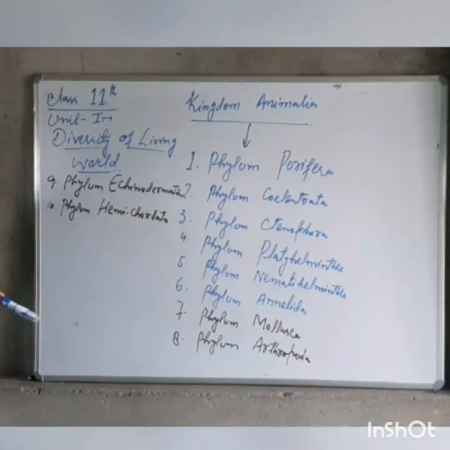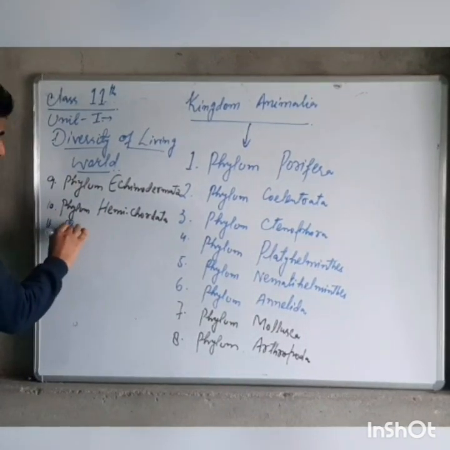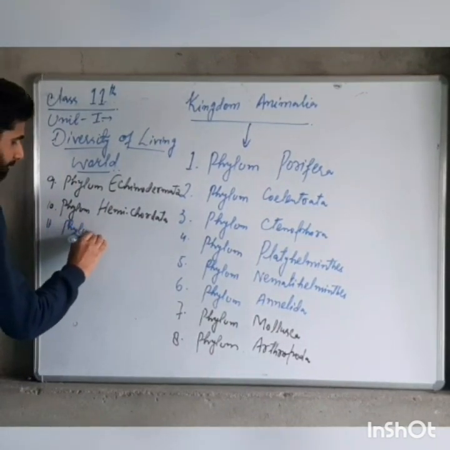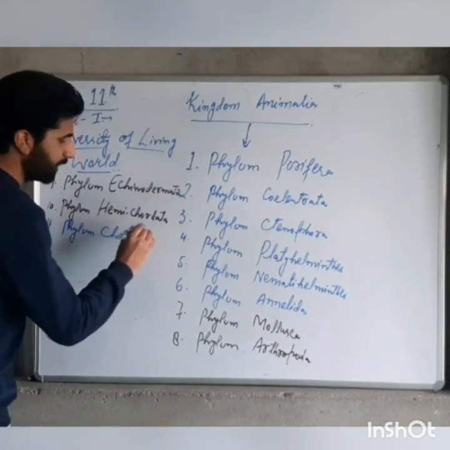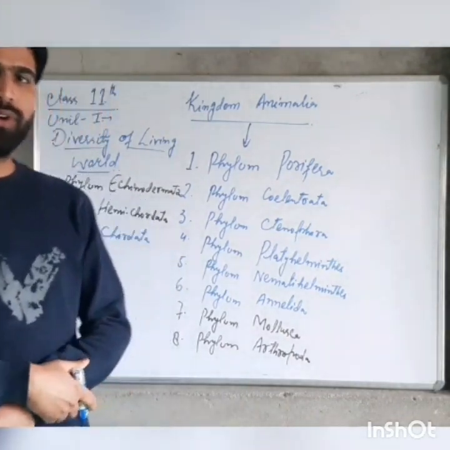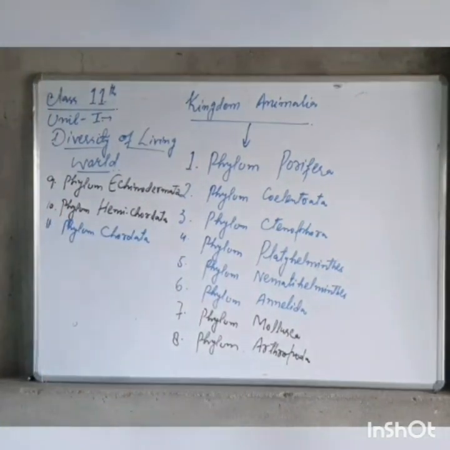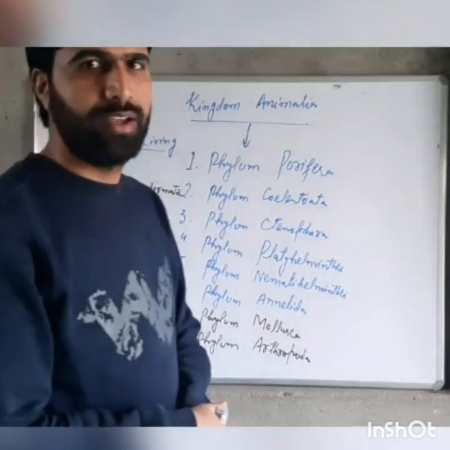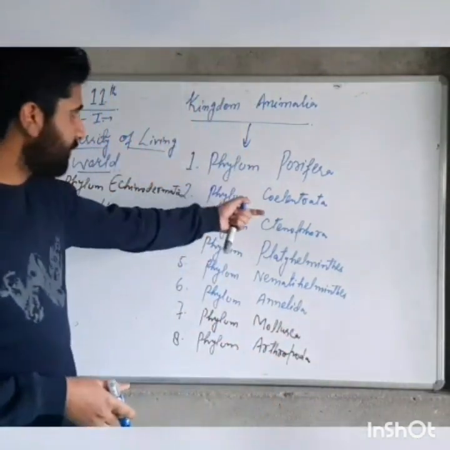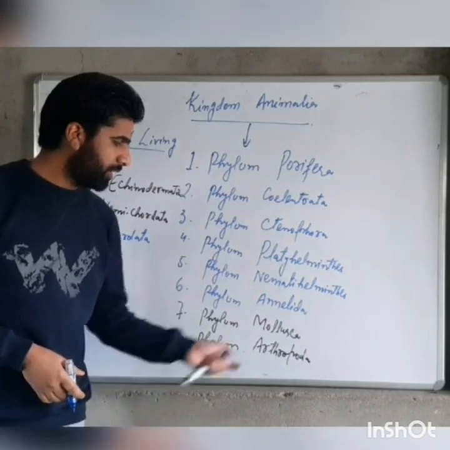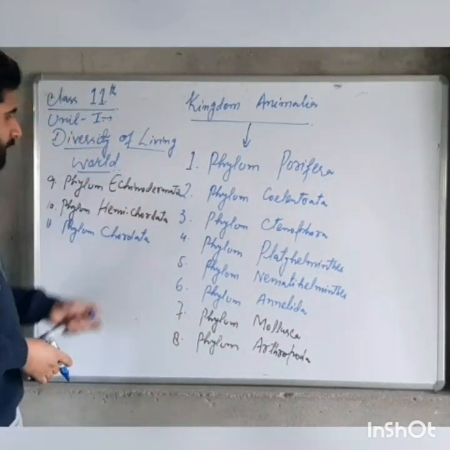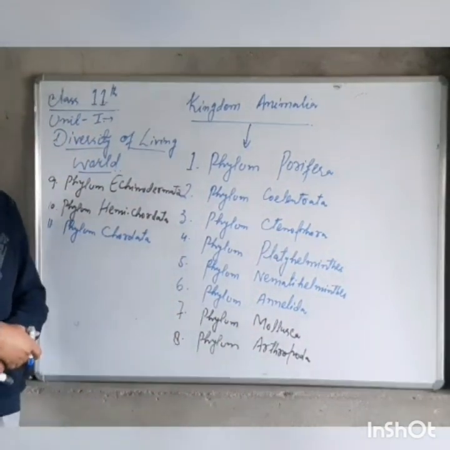Last but not the least, and the most important one, the 11th phylum, is phylum Chordata. So in total I have mentioned 11 phyla. There are many other phyla as well, but these are the important ones: Porifera, Coelenterata, Ctenophora, Platyhelminthes, Nematohelminthes, Annelida, Mollusca, Arthropoda, Echinodermata, Hemichordata and Chordata.